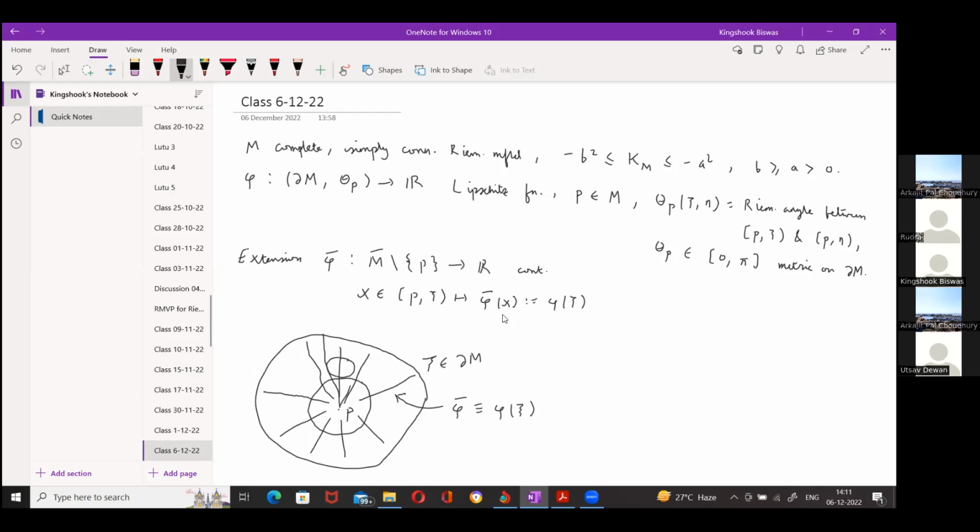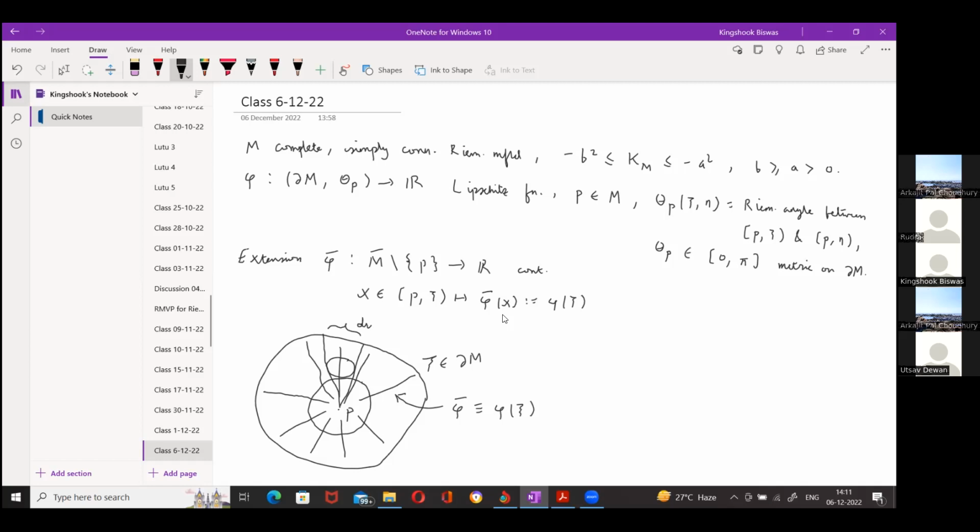I look at the rays passing through this ball. So that gives me some set on the boundary. That's the shadow of this ball on the boundary.